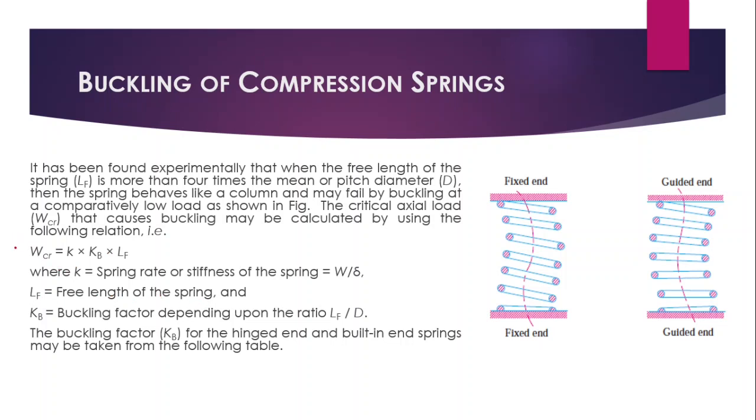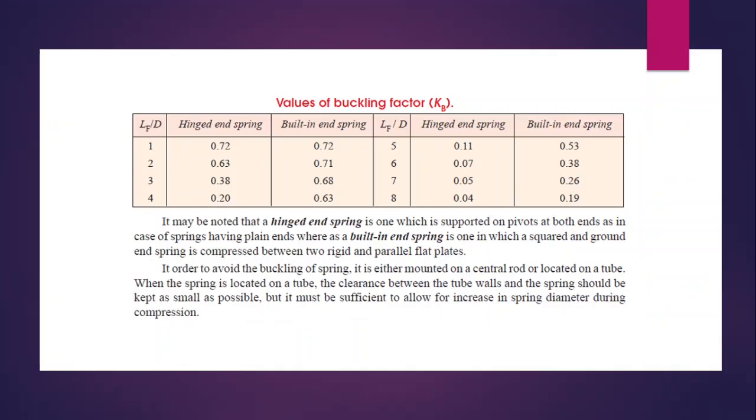Then we can calculate the critical axial load WCR by this equation: WCR is equal to K into KB into LF. We can take the values of the buckling factor from this particular table.